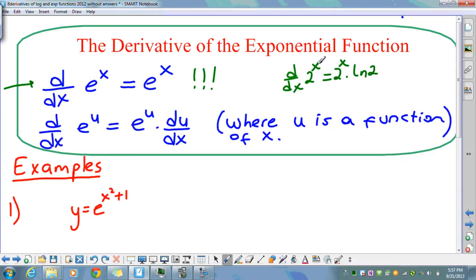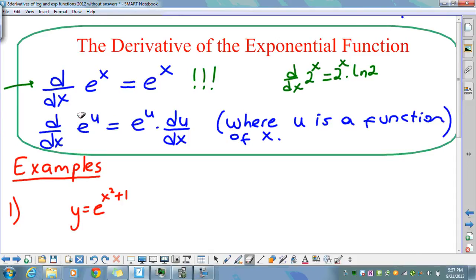But when you have e to the x, it turns out to be e to the x times natural log of e, but because that's 1, it doesn't even show up in the final answer. Therefore, when you take derivatives, it's easiest to work with the base of e. There's nothing extra like you would have with other bases.